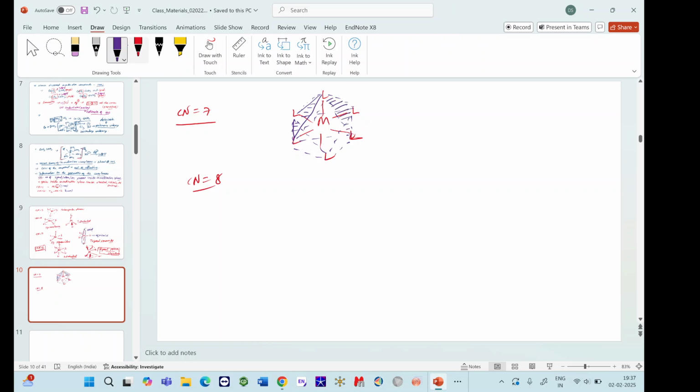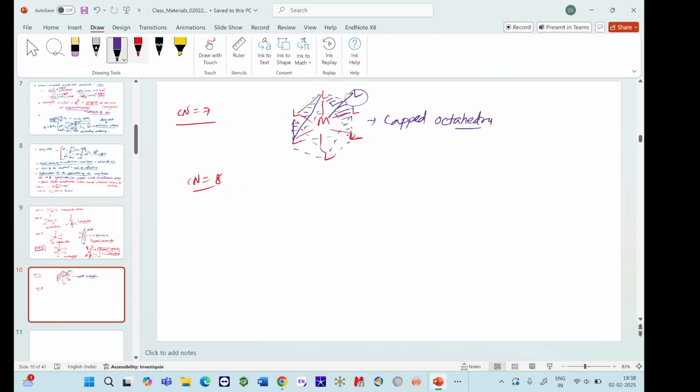If you think of another ligand that is protruding out of one such face, that will be called a cap. So this will be called a capped octahedra.